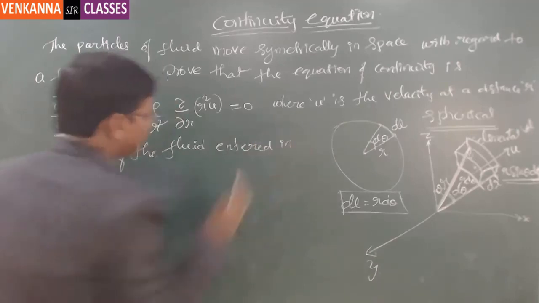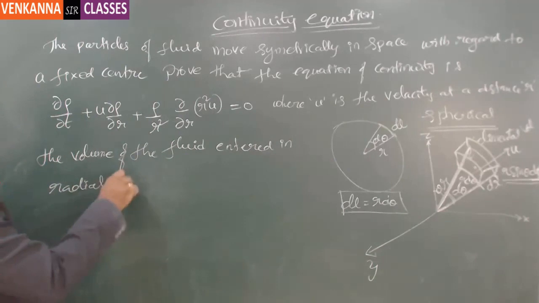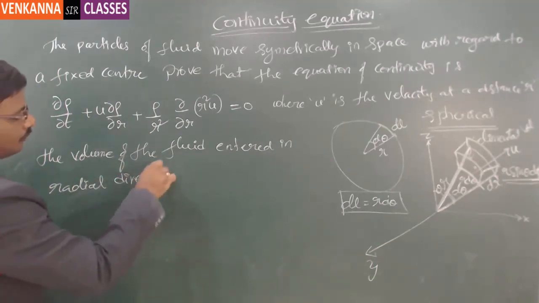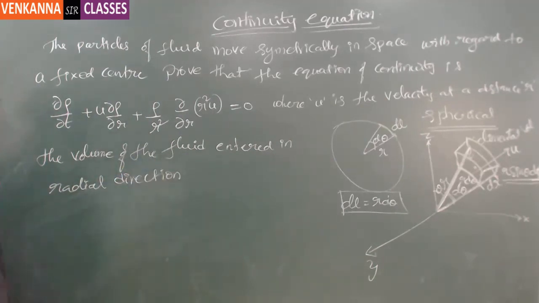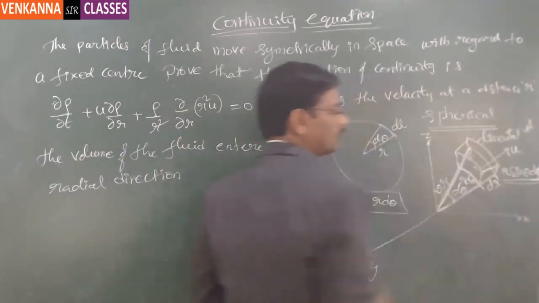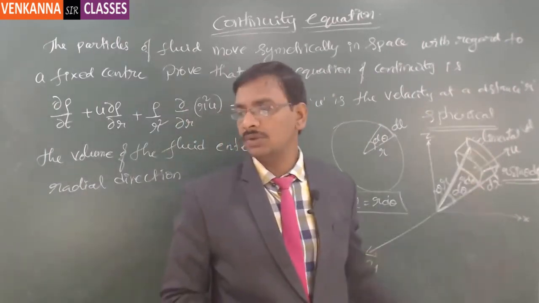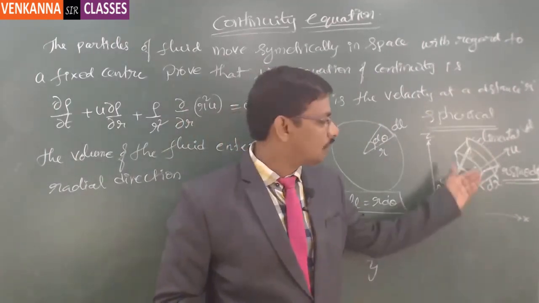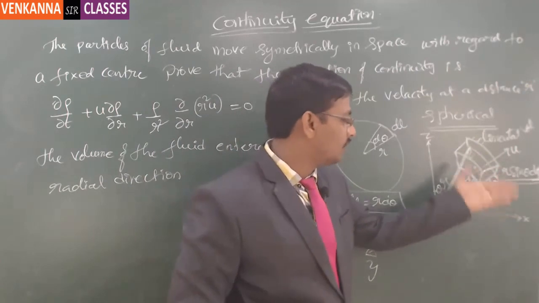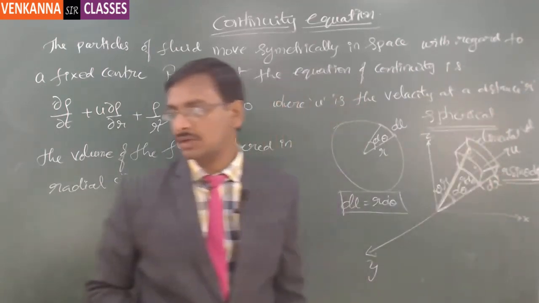In the radial direction. This is only the radial direction, because he said that there is no flow along the theta direction. That means the flow is only away from the central point. Away from the fixed point means only the radial direction. There is no flow of the fluid along this surface or along the bottom surface. There is only one that is going out. Got it or not?